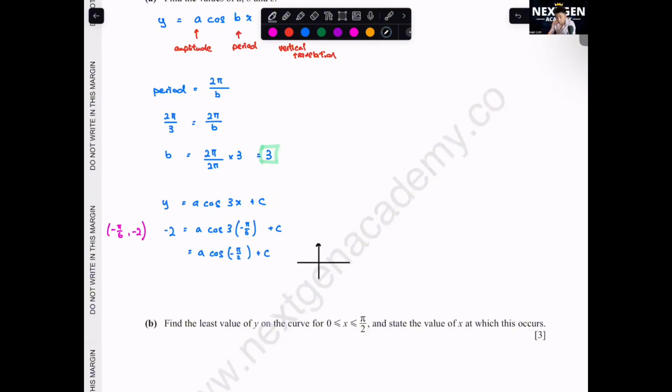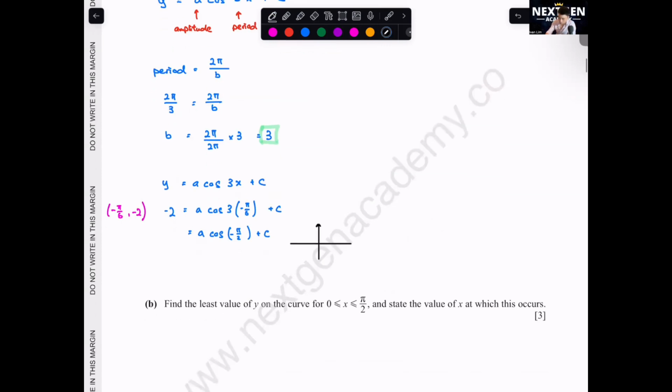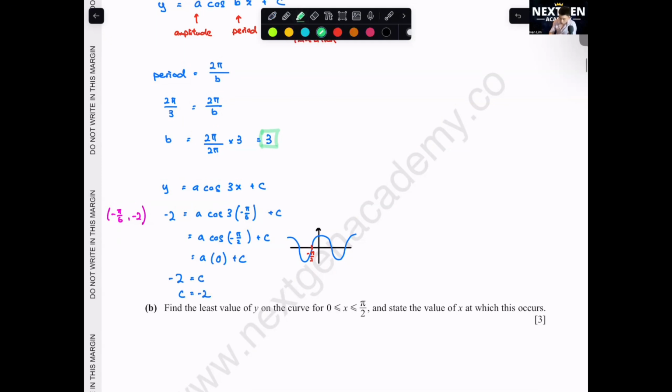If you don't have a calculator, or this comes out in paper 1, which I think is a possible question for paper 1, you can use the graph. Negative pi over 2 is here, which equals 0. So a times 0 plus c, therefore c is equal to negative 2.